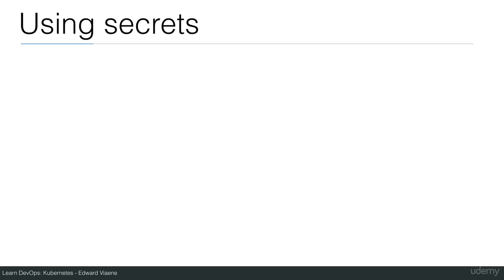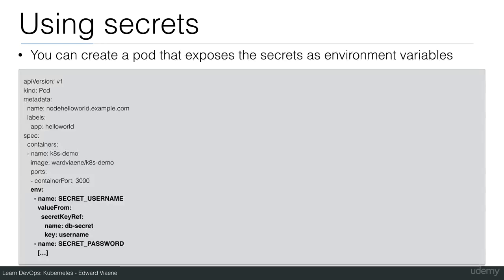Once the secrets are created, then you can use them. At that point, you have the three options. I will show you the two most common ones, which is the files and environment variables. If you're going to use environment variables, you can create a pod that exposes the secrets as environment variables. Here we have the pod definition that we always have been using. And what you're going to do is you're going to add env. You're going to give your environment variable a name, and then you're going to say that you want to have the value from another source.